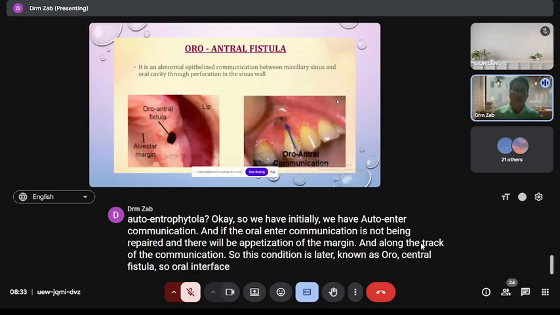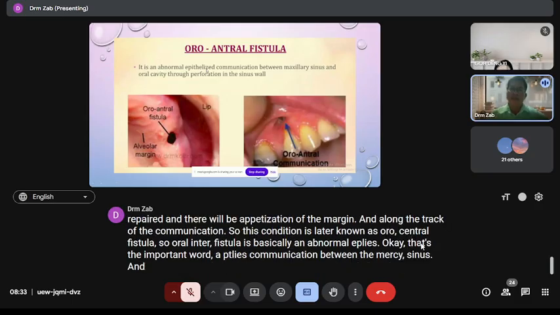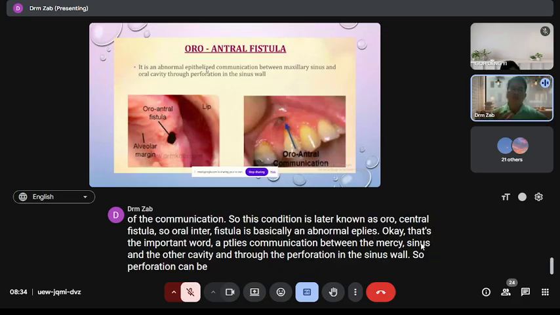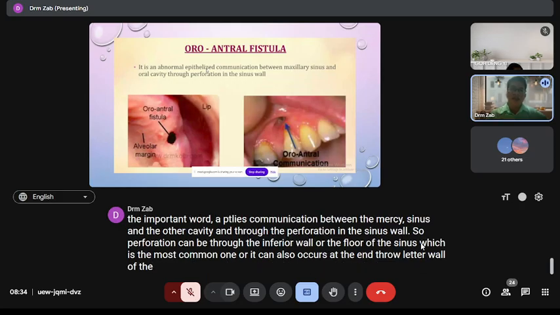So oro-antral fistula is basically an abnormal epithelialized communication between the maxillary sinus and the oral cavity through the perforation in the sinus wall. Epithelialized is the important word. The perforation can be through the inferior wall or the floor of the sinus, which is the most common one, or it can also occur at the anterolateral wall of the maxillary sinus.